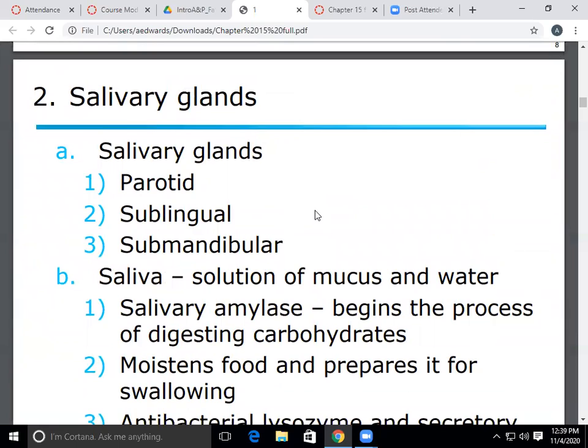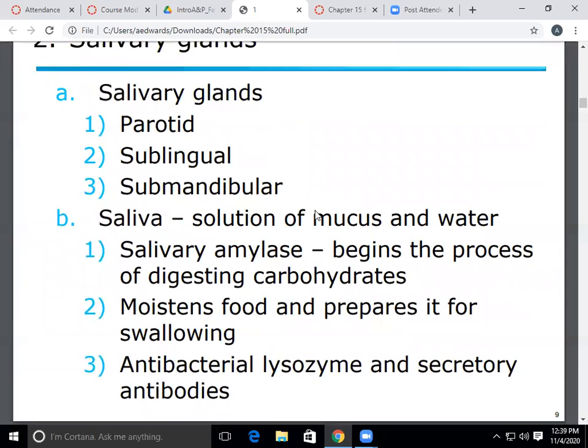Okay, salivary glands. You have 3 of them: parotid, sublingual, and submandibular, right? With the mandible. So what's in your saliva? Well, it is mucus and water. Saliva is made up of salivary amylase. Okay, it's a digestive enzyme. Helps you break down carbohydrates. Okay.